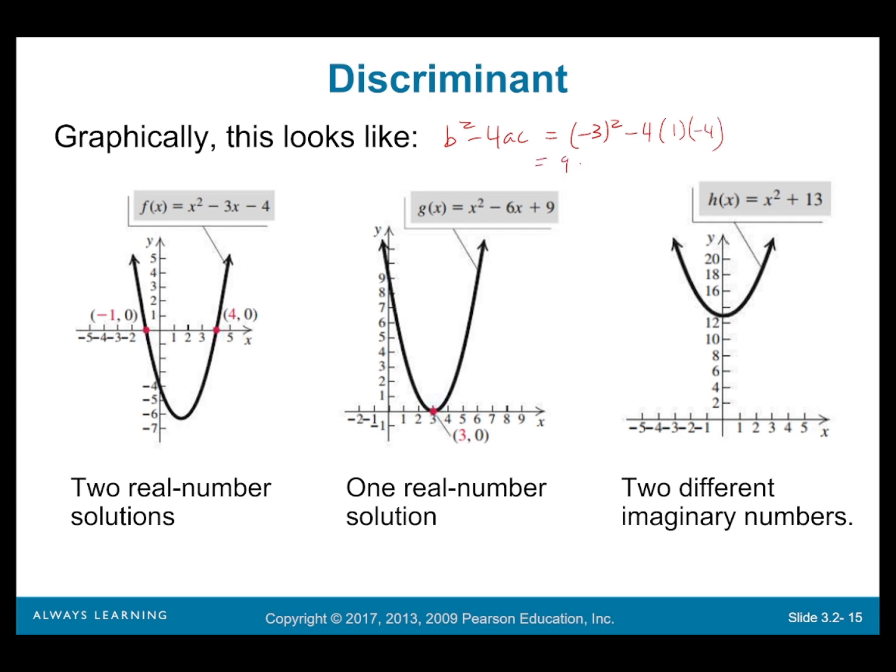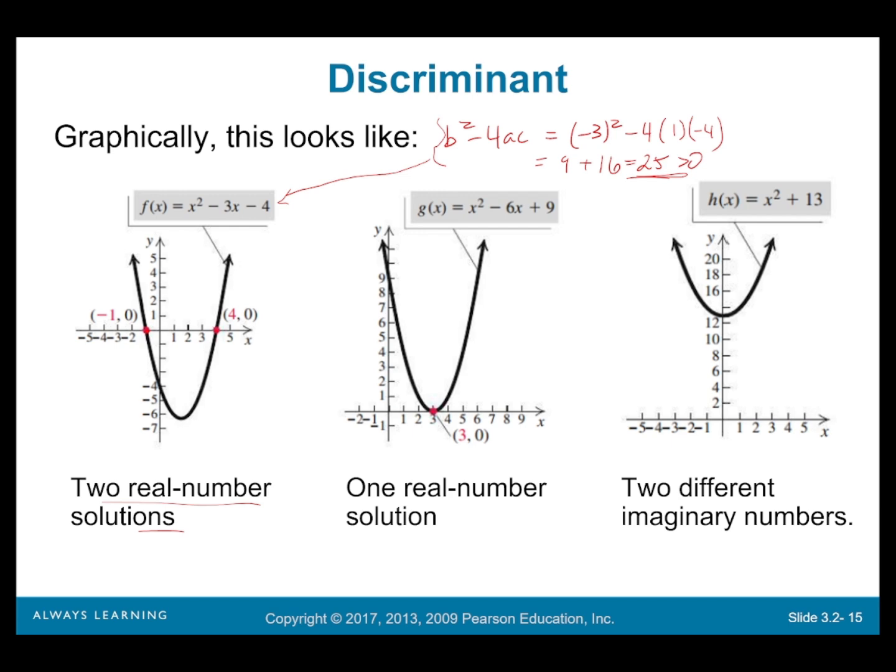Well, that's 9 minus, actually plus, because it's a minus 4 times a minus 4, 16, which is 25. That's positive, so that's why we have our two real number solutions here. We have a positive discriminant of 25 here, and so you see that we cross the axis at exactly 2 places. We actually have 2 solutions.